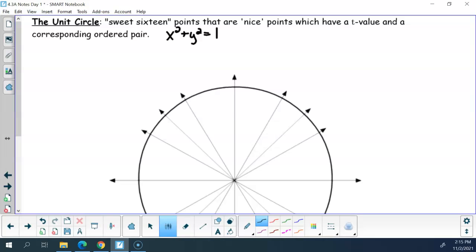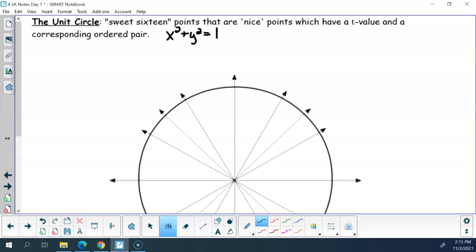We're going to fill in the 16 nice, and I put nice in quotation marks, points. So first off, calculators, put them away. We don't need them. Because calculators aren't going to give us the right answer. Because we want to be exact. We don't want to be rounded. We want to be exact.